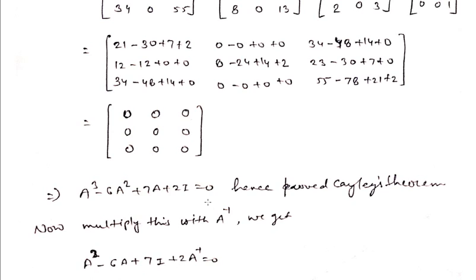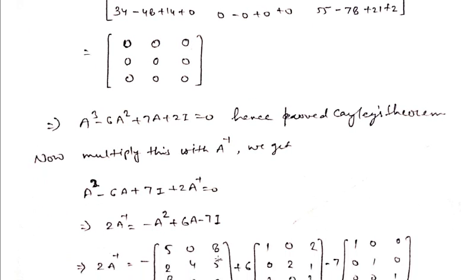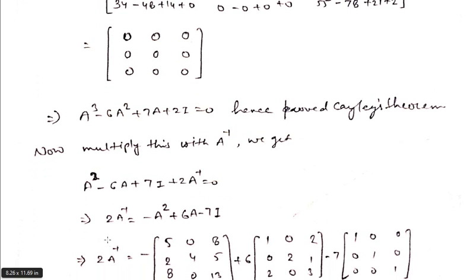And now we equate this equation to 0, as 0 into A inverse becomes 0. So from here we can obtain the value of A inverse, which is given by 2A inverse equals, shifting all these terms to the right hand part, minus A square plus 6A minus 7I.